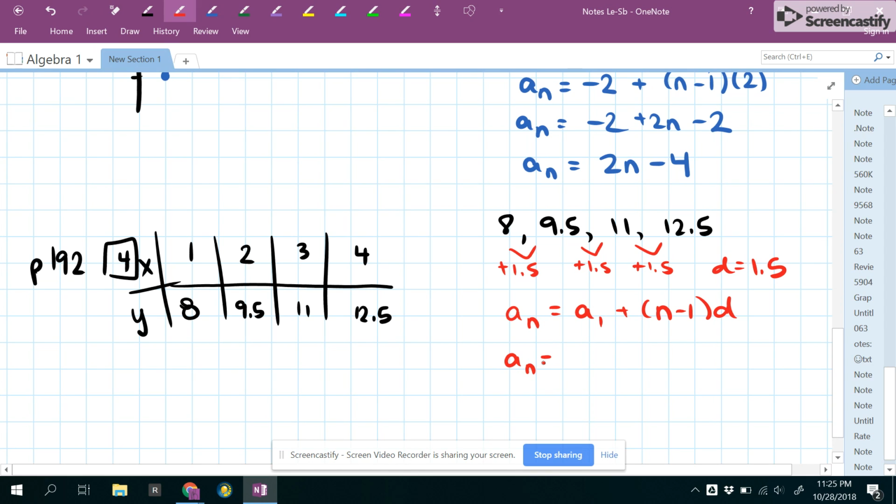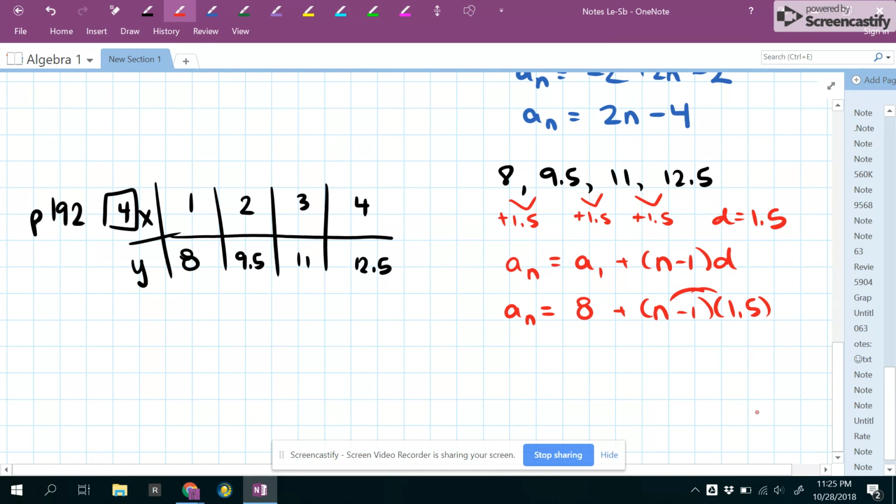So you leave a sub n alone. A sub 1 is 8, and d is 1.5. Distribute properly. A sub n equals 8 plus 1.5n minus 1.5. A sub n equals 1.5n plus 6.5.